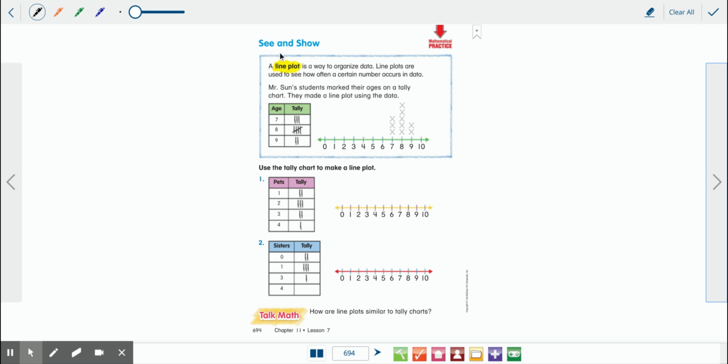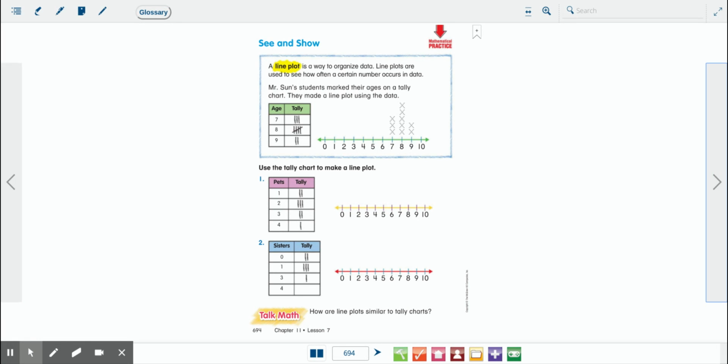Let's take a second and read about a line plot. A line plot is a way to organize data. Line plots are used to see how often a certain number occurs in data. So Mr. Sun's students marked their ages on a tally chart. Then they made a line plot using the data.